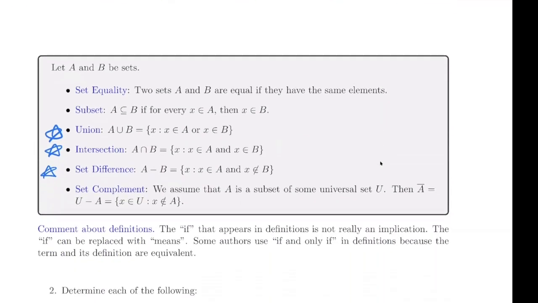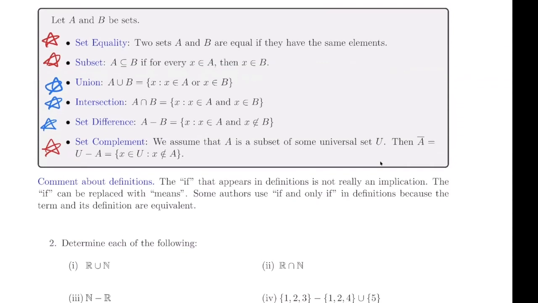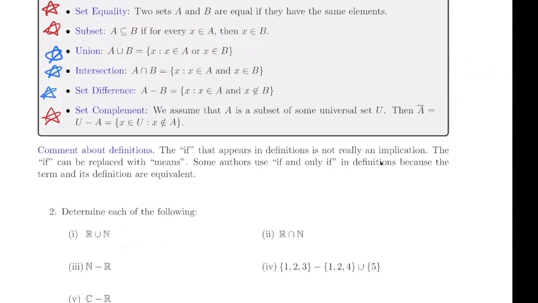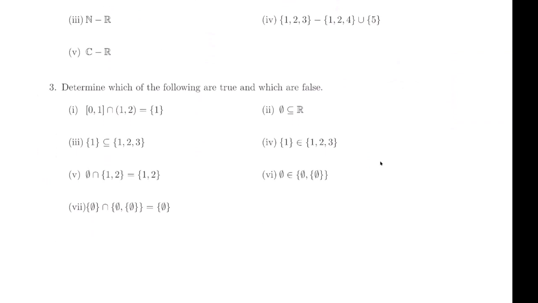Otherwise, this should look familiar from the reading quiz. You looked at the union, intersection, and difference. Today we're going to think about things like set equality, subsets, and complements of sets.